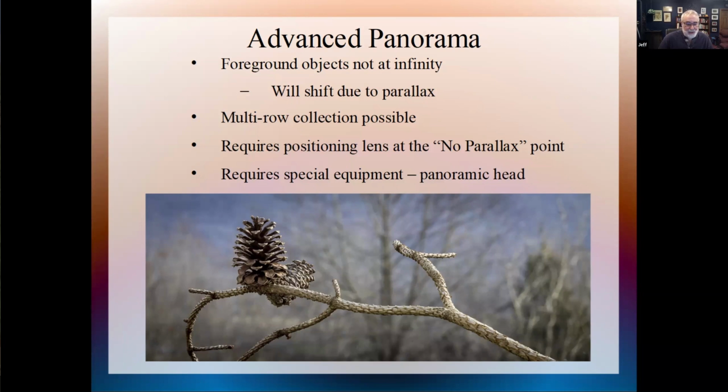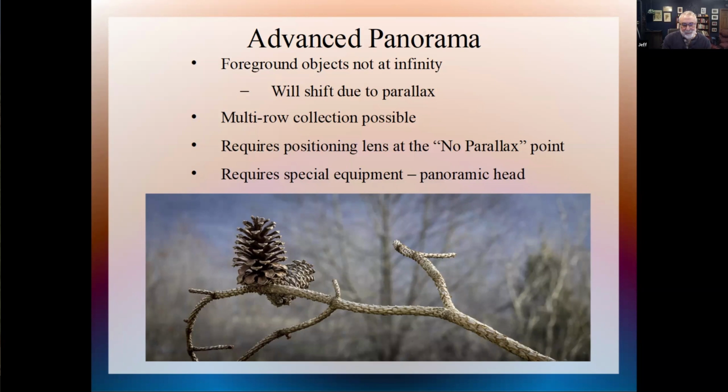by handholding it, tilting the camera up and taking a row, you'll get a distortion, because there's a thing called the no parallax point that we're going to get to, that centers the lens in a way that you get a nice uniform, level picture.